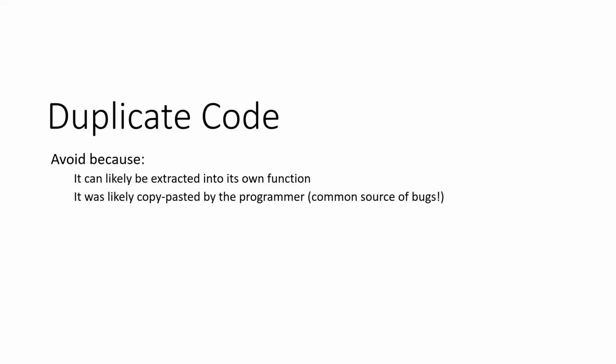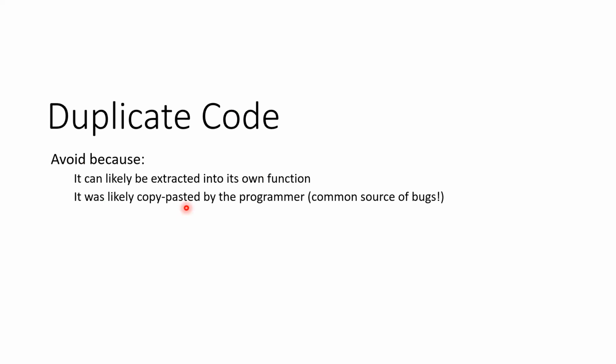Okay, let's look at duplicate code. We want to avoid duplicate code because it can be extracted into its own function to be used multiple times. And it was likely copy-pasted by the programmer.